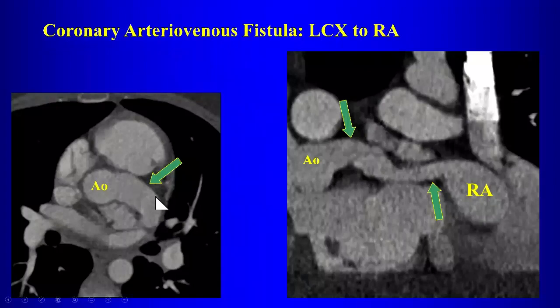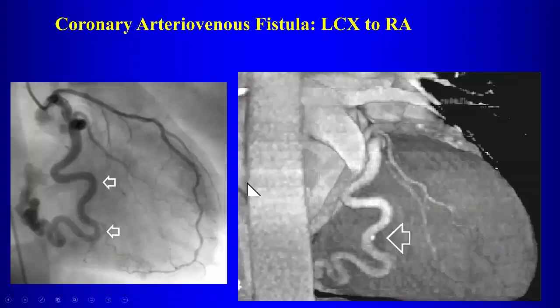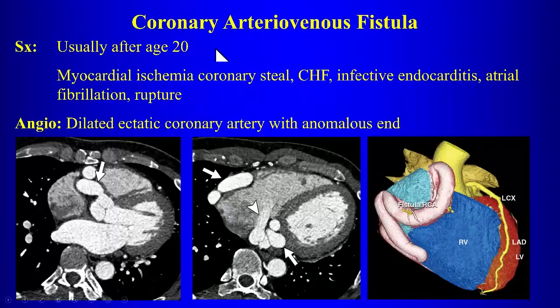Here you have a dilated left circumflex coronary artery, and that's because it's draining to the right atrium. Okay. And so here's a left circumflex in this case coming down, draining to the right atrium. And then here's another example. So again, these may present in early adulthood because of myocardial ischemia. Coronary steal can also be associated with endocarditis, sometimes AFib.